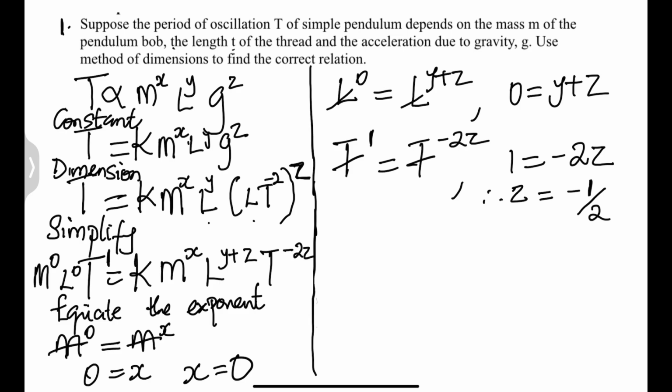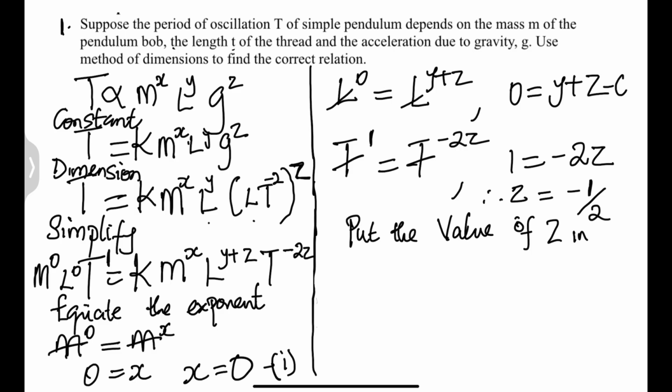So if z is equal to minus 1 over 2, we can put the value of z into, okay, let's just call this equation 1, equation 2, then this is equation 3. So put the value of z into equation 2.